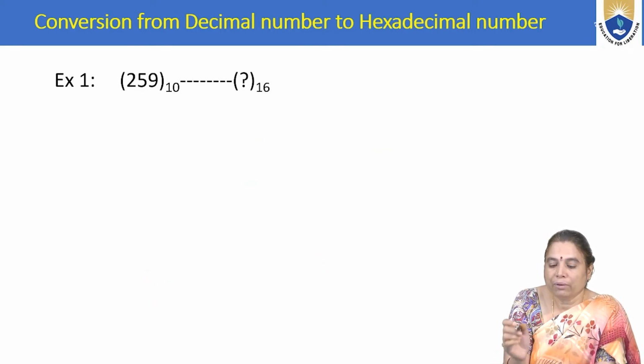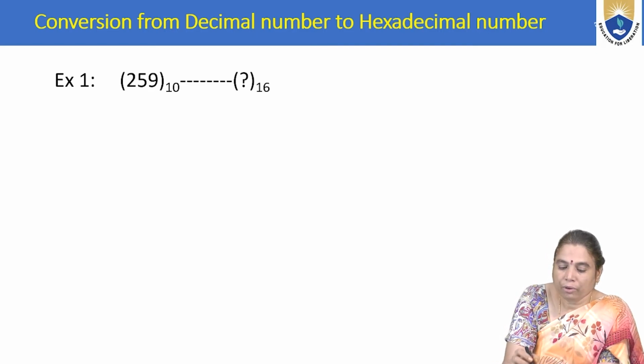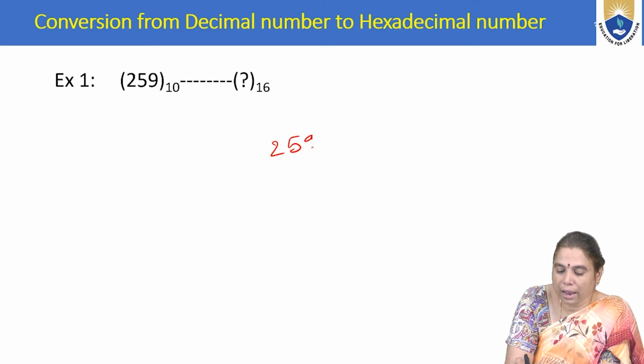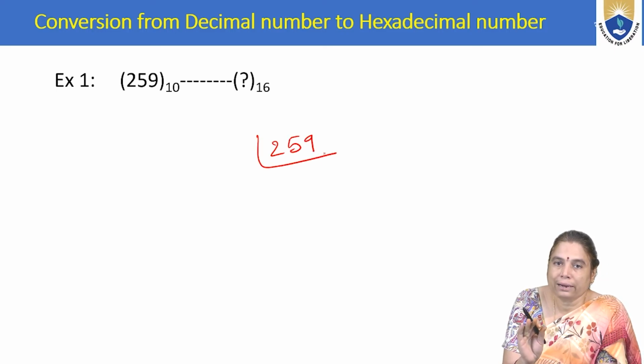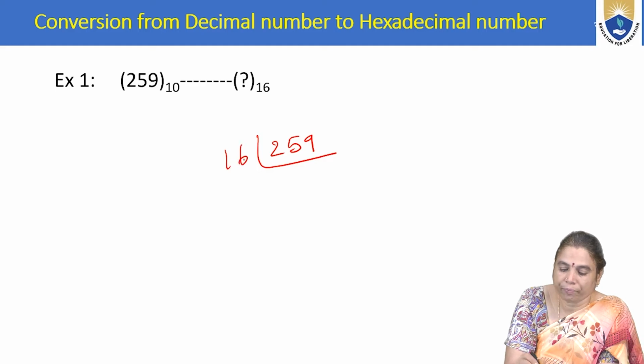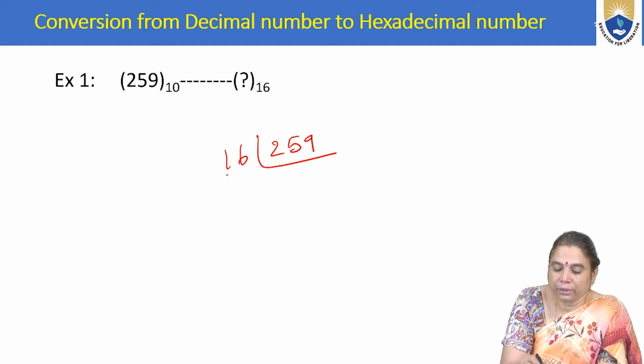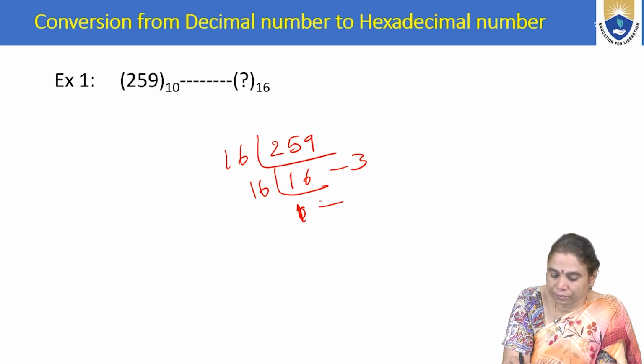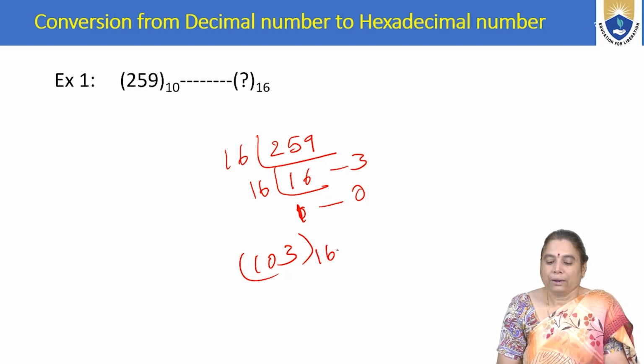Similarly, how to convert the decimal number into the hexadecimal number. You take the number and the hexadecimal base radix value is 16. So we have to use this 16. So this is the equivalent value in the hexadecimal number system.